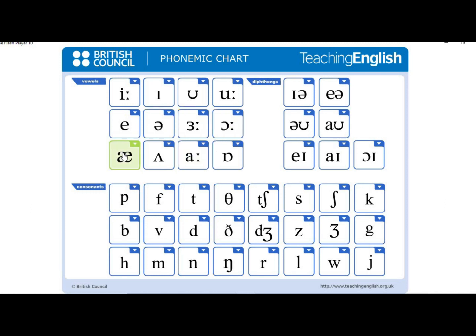Now we'll see how diphthongs are pronounced: ear, air, ow, ai, oi. So this is how the vowels are articulated.